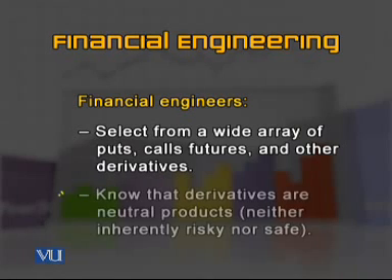We do understand that derivatives actually are neutral products. Derivatives actually have no value on their own, and they are neither risky nor safe, but they're based on some underlying asset, and that is where you derive the value from. So if we are talking about calls, puts, futures or forwards, we're actually looking at the underlying asset through which any value can be derived.